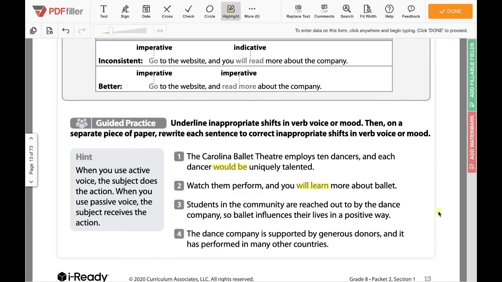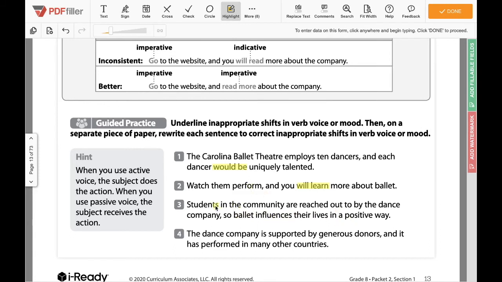So students in the community are reached out to by the dance company, so ballet influences their lives in a positive way. So ballet influences their lives in a positive way is just stating facts, that sort of thing.